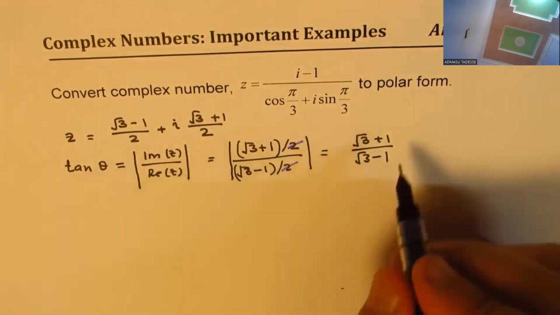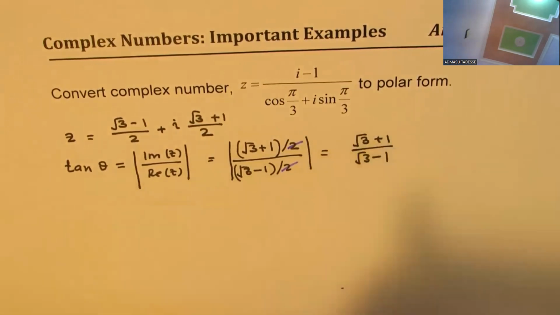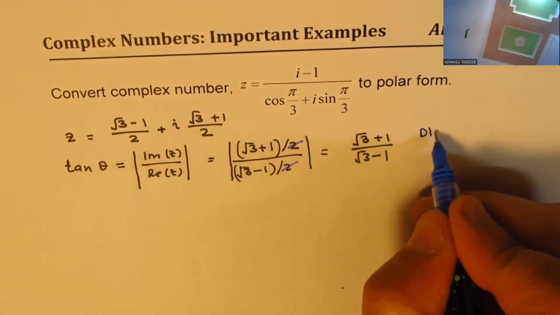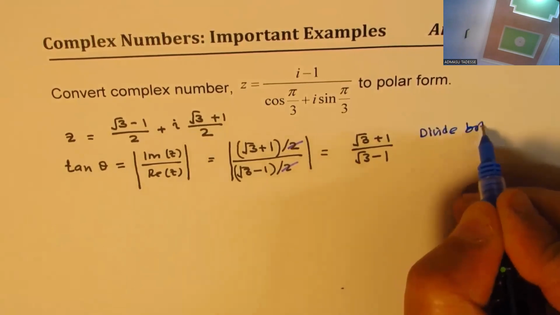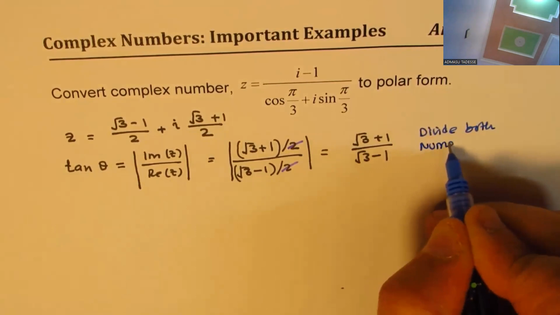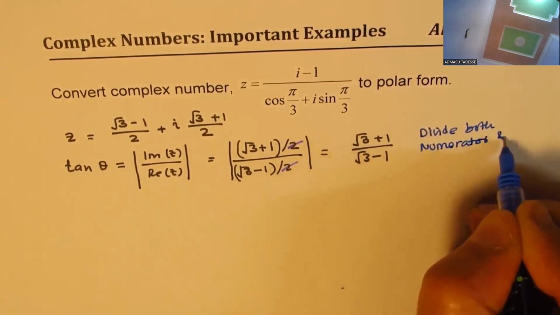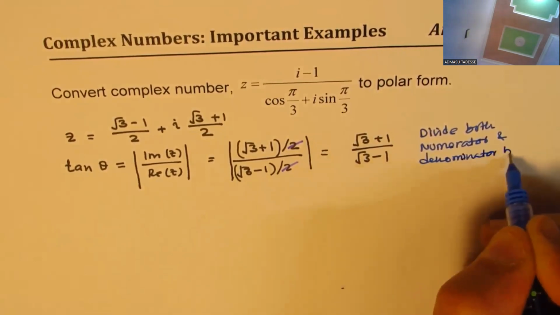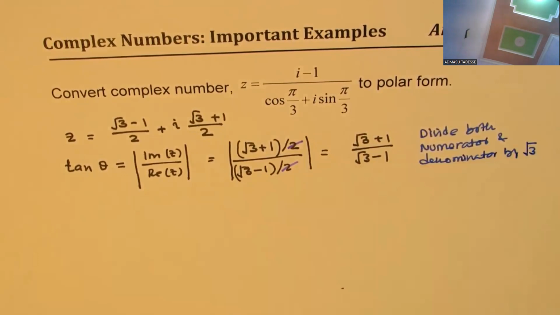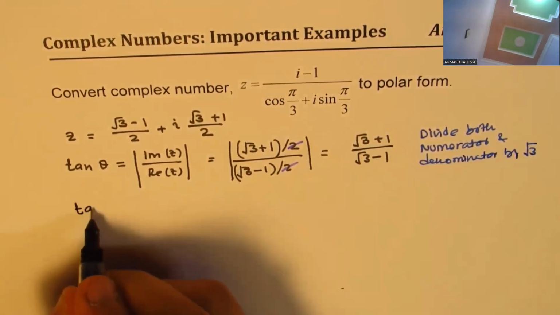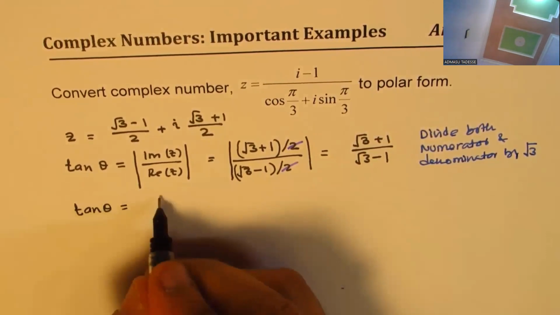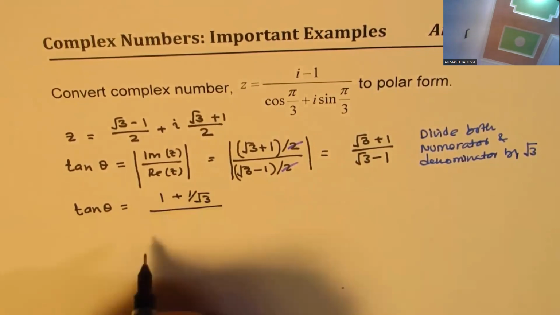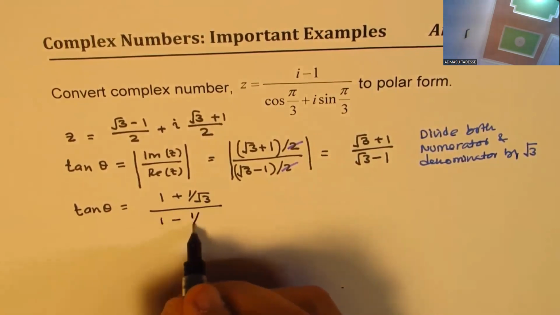Okay, now see the trick involved. We can divide both numerator and denominator by square root 3. Then you get tan theta equals (1 plus 1 over square root 3) over (1 minus 1 over square root 3).